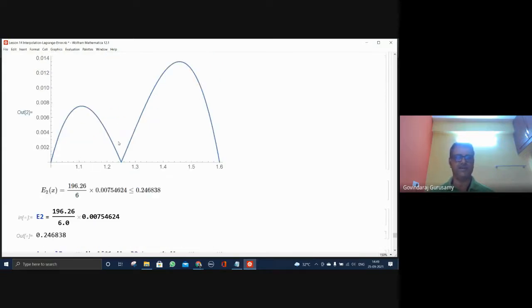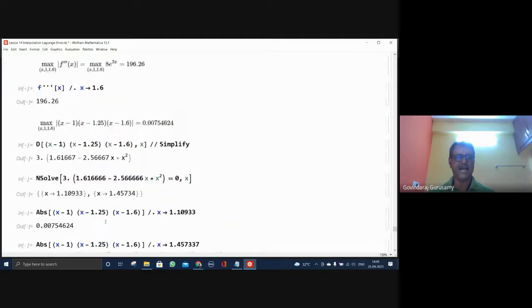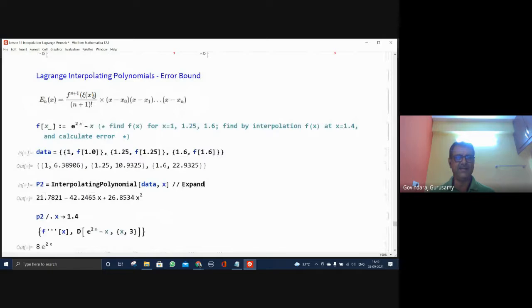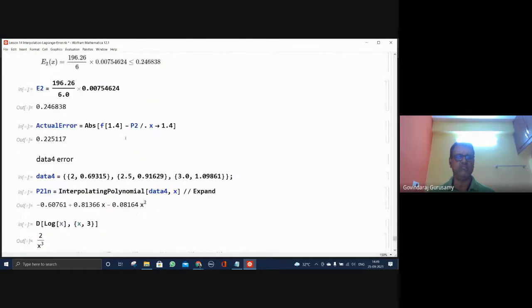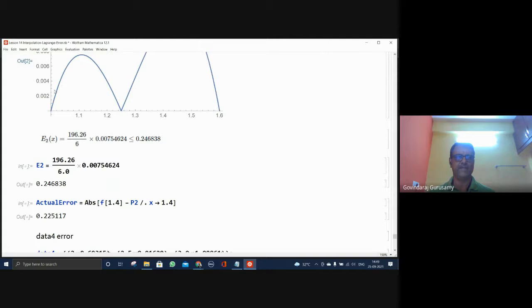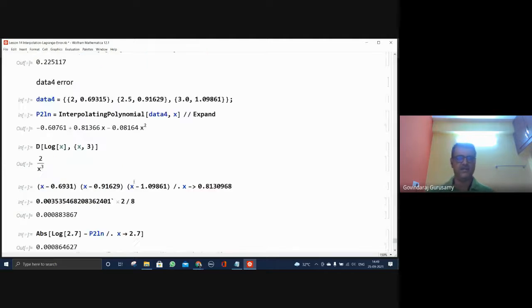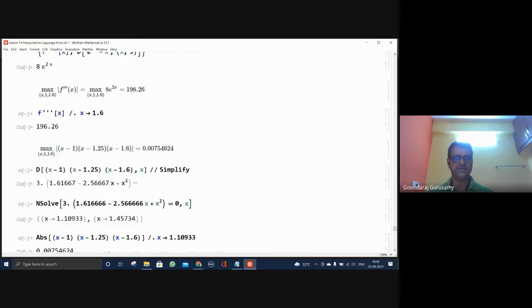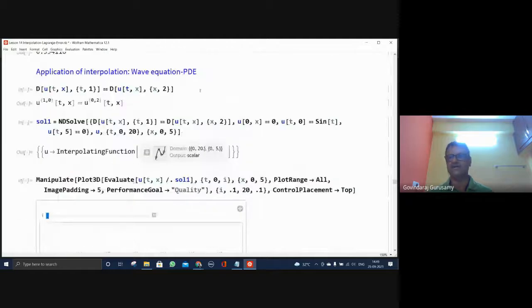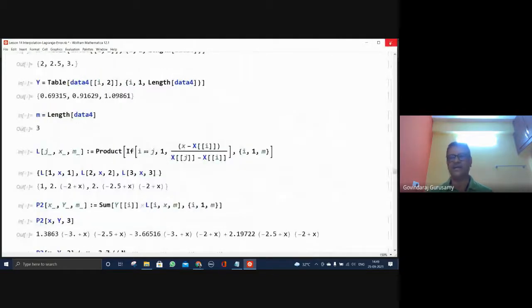Between 1 to 1.2, you find this is going to be the error bound. And xi, what we refer to here, is something like 1 to 1.2, 1.3. In this range, the maximum error is less than or equal to this. That's what it means. I hope it's clear now. You can jump to the next part of it, which is numerical integration.